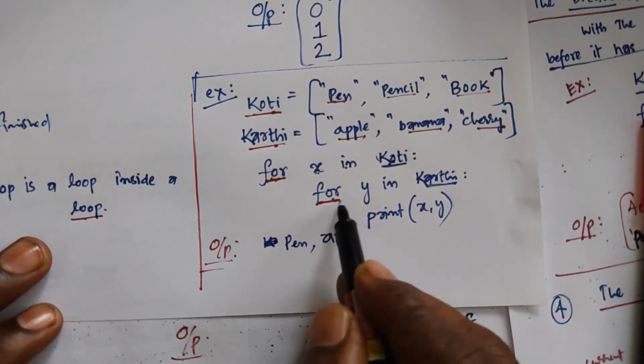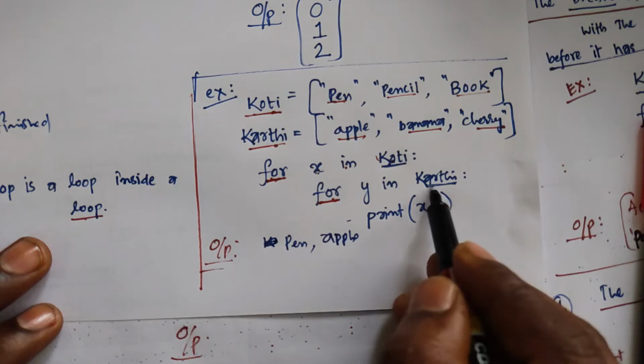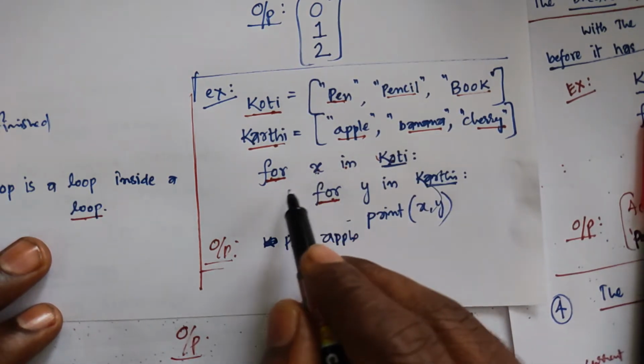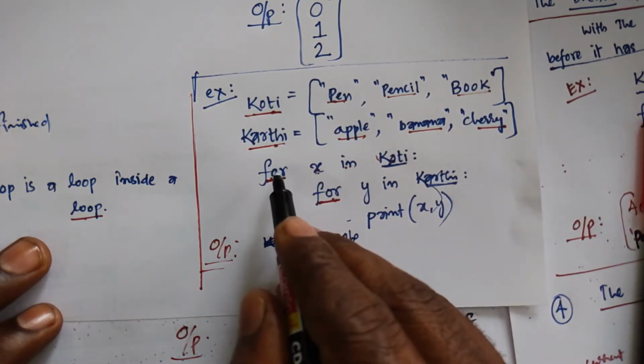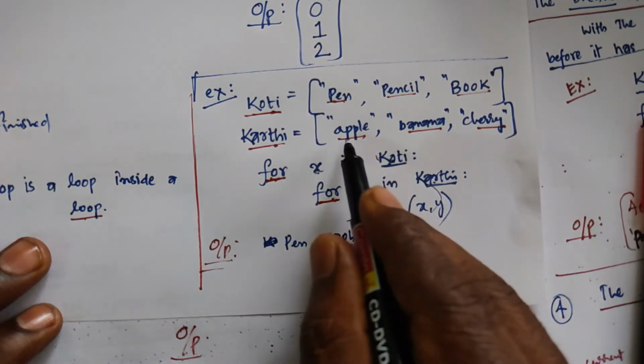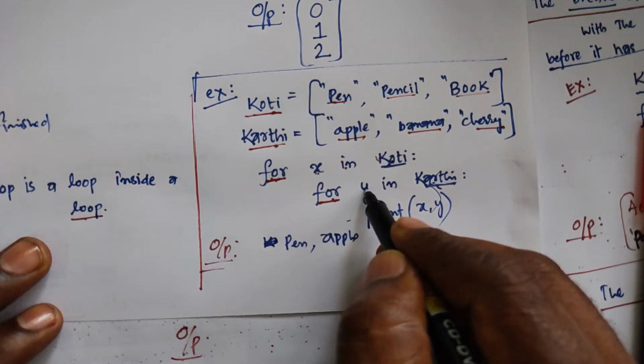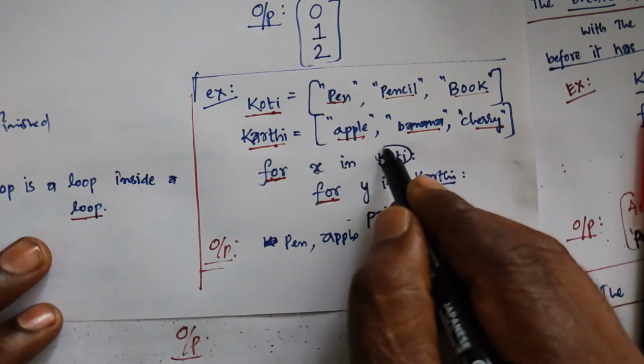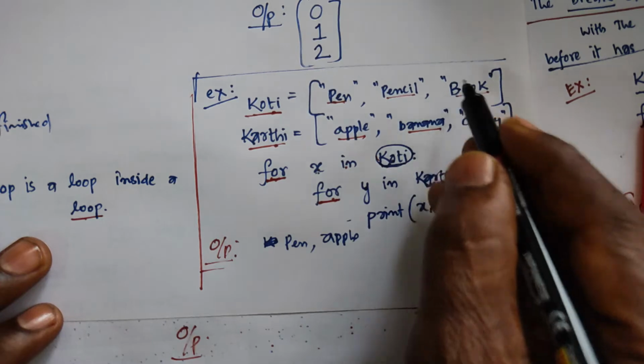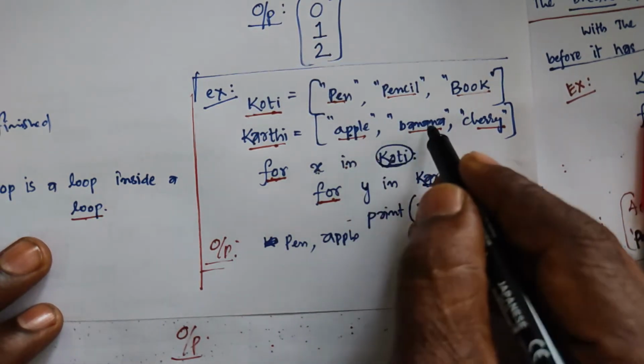Until completion of this second loop, you cannot go to the upper loop. You have to finish all the items in Karthi. Once again I am repeating: Koti has 3 items, Karthi has 3 items.